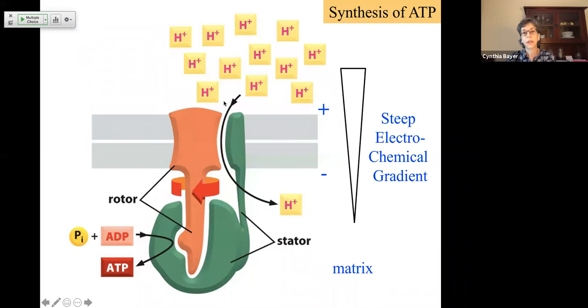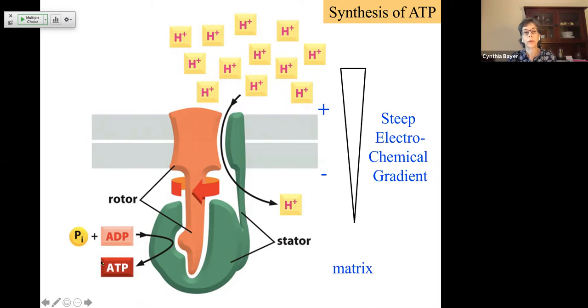Protons, one at a time, bind to this central portion that rotates. The rotation of this portion will interact with other components of this stator. This is the knob portion down here that will actually drive changes in the polypeptides that result in the synthesis of ATP.